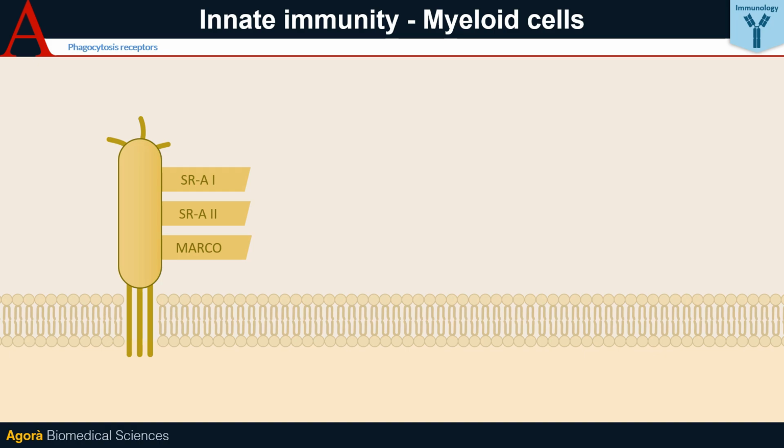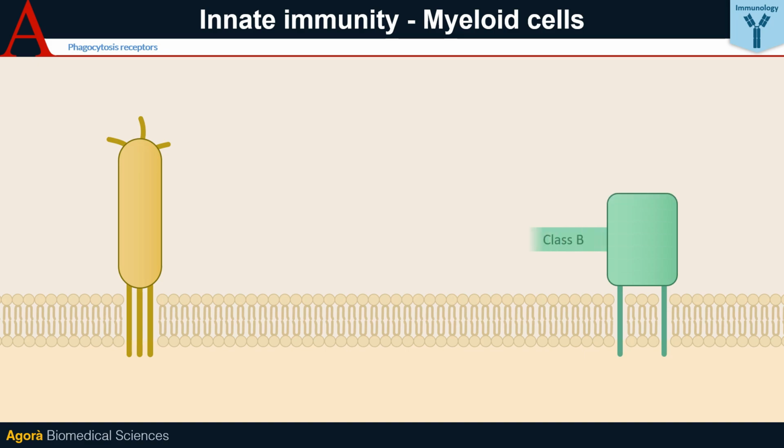Class B scavenger receptors, on the other hand, do not have a collagen structure and share the ability to recognize LDL or HDL lipoproteins. This group includes CD36 and SRB1, two receptors that are expressed by macrophages and play a pathogenetic role in the development of atherosclerosis, a disease characterized by the accumulation of lipids in arterial walls.